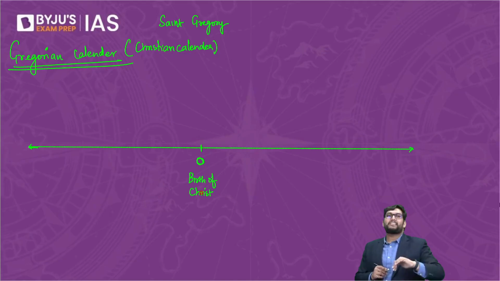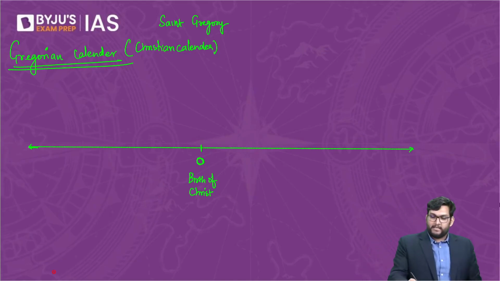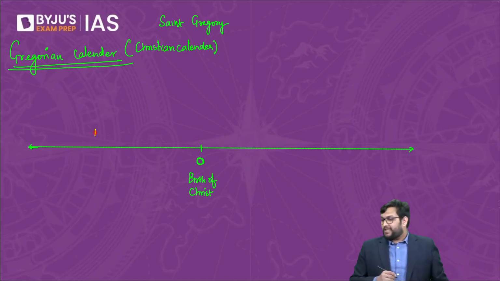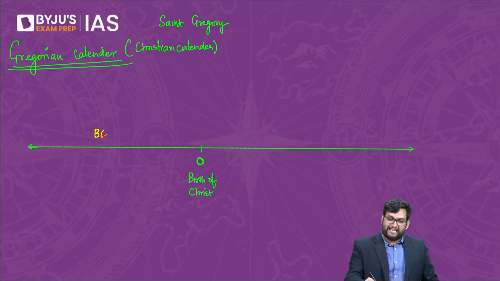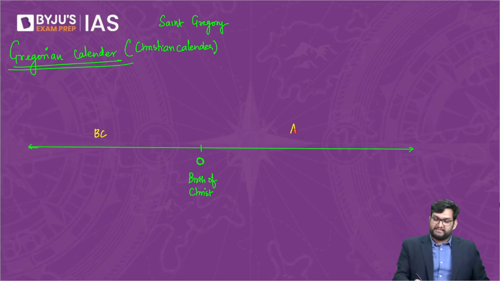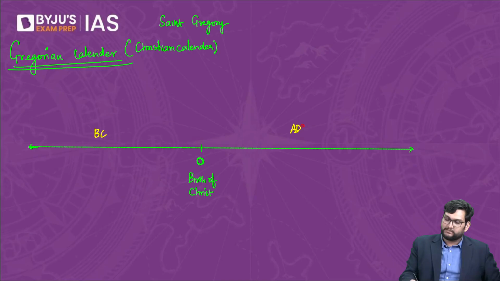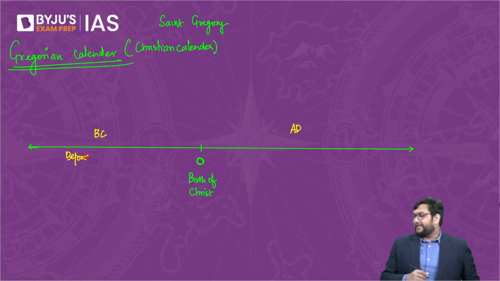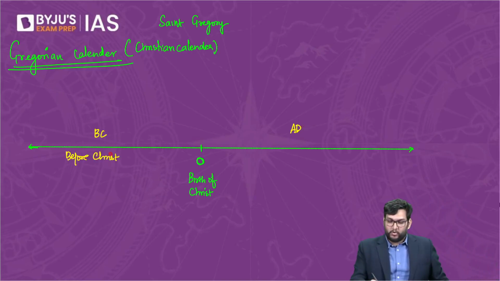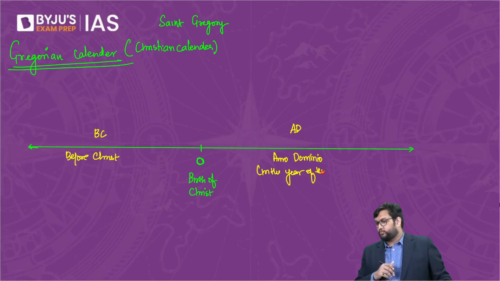Anything before him is BC, and anything after his birth is called AD. BC means before Christ. And AD means Anno Domini, which means in the year of the Lord. This is basically a Latin phrase.